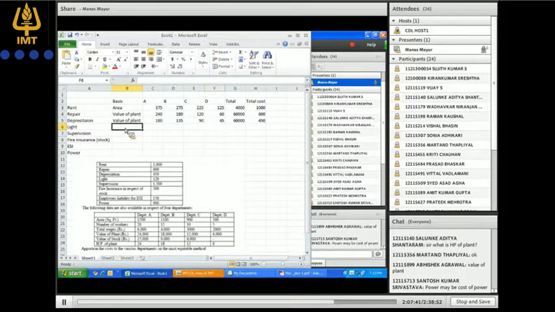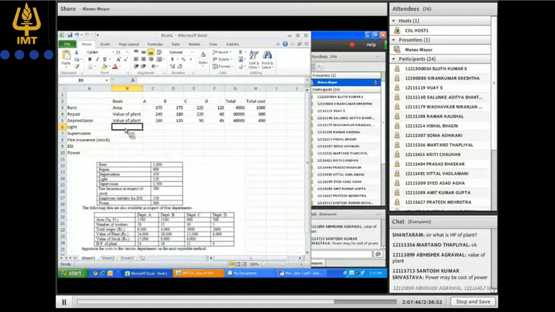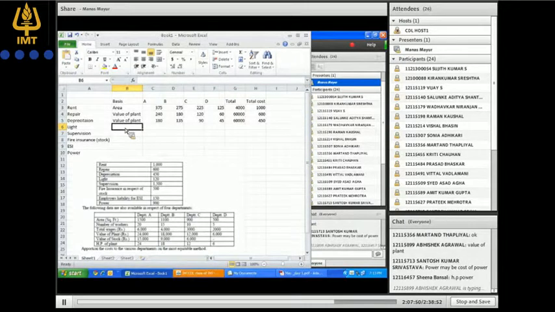Now light, so what should be the most logical basis for distribution of cost incurred in the lighting? HP, area.